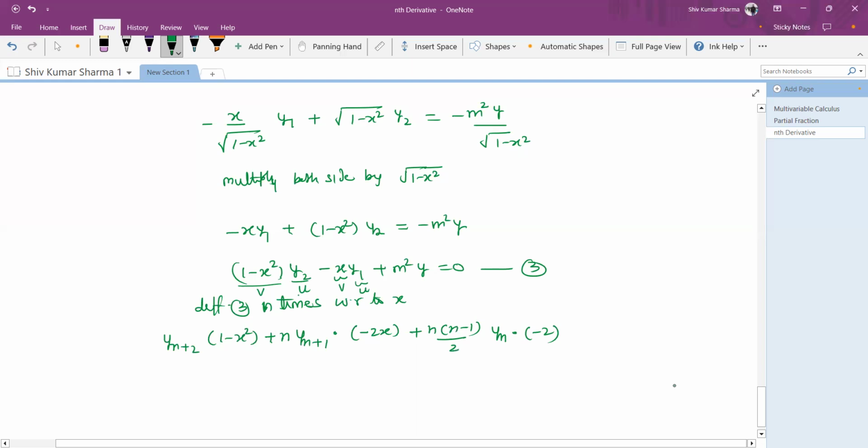We stop Leibniz here because we have a constant term. The next derivative will be 0, so the next term will be 0.